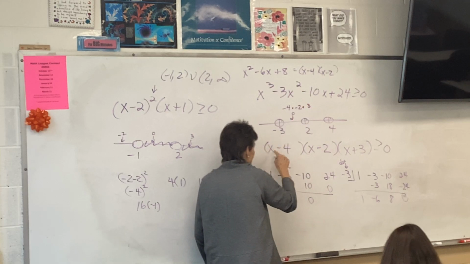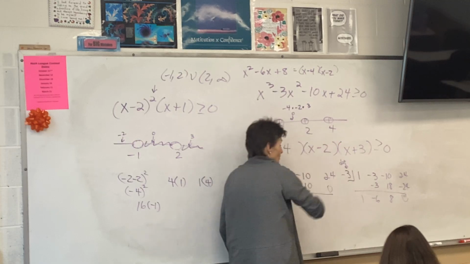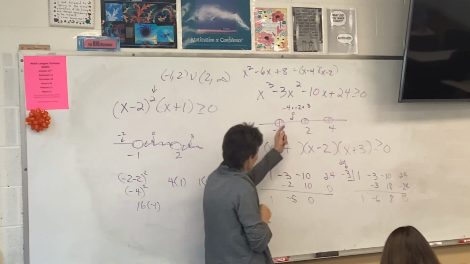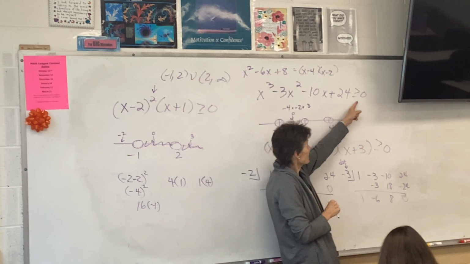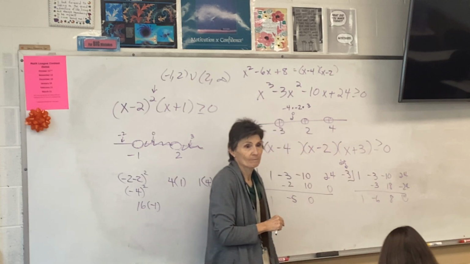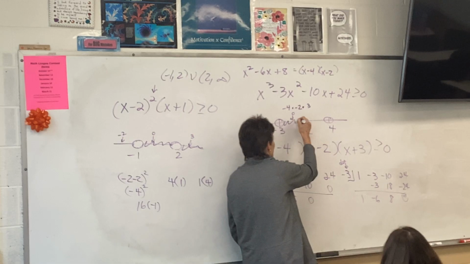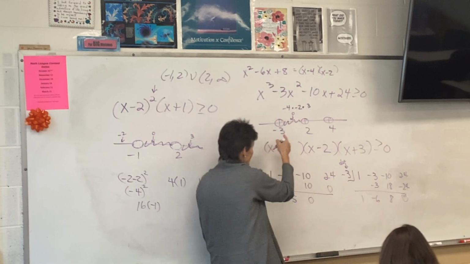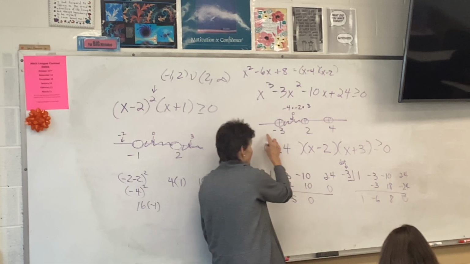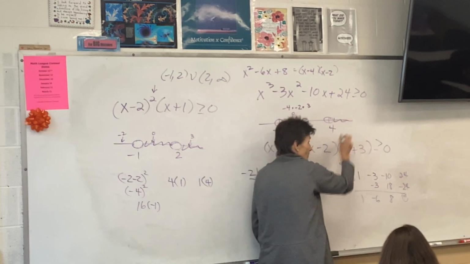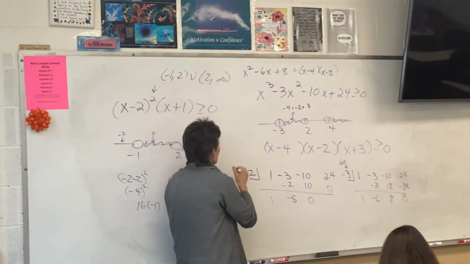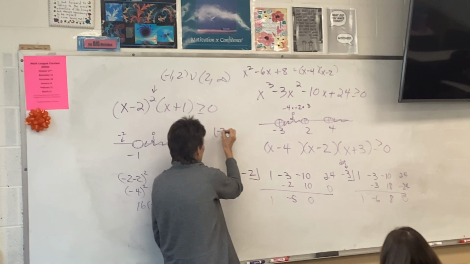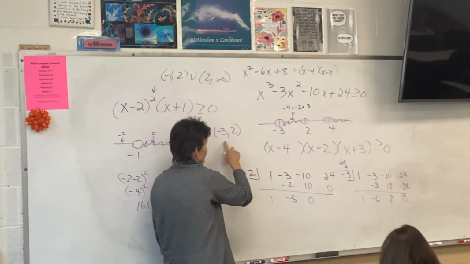If I put in 0, does that multiply together to give me an answer bigger than 0? Yes. So I shade it. And my answer is negative 3 to 2.